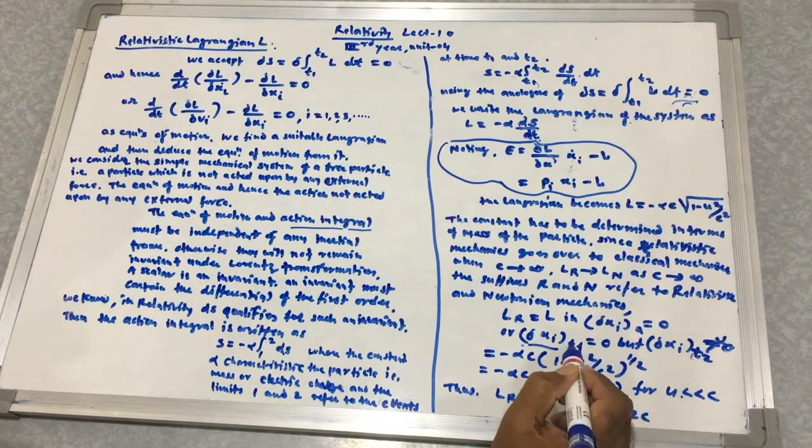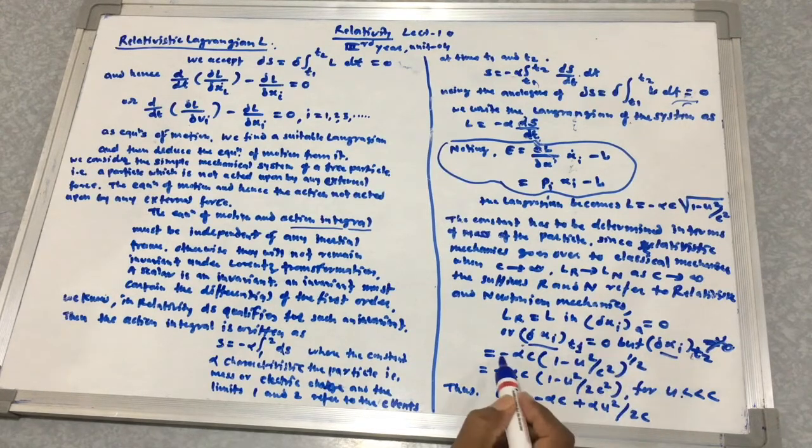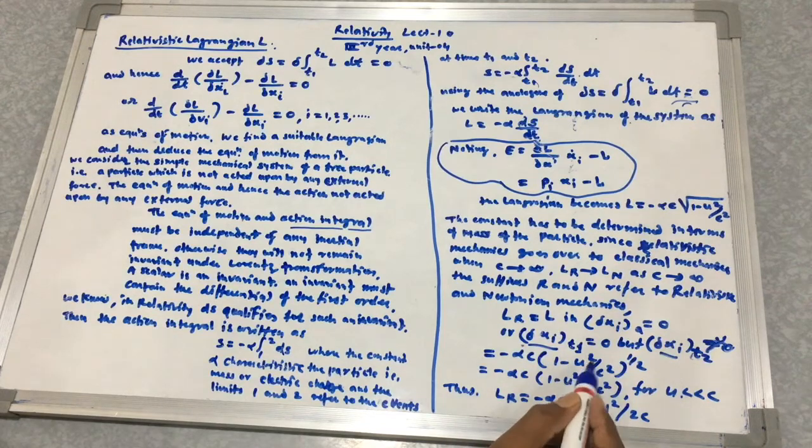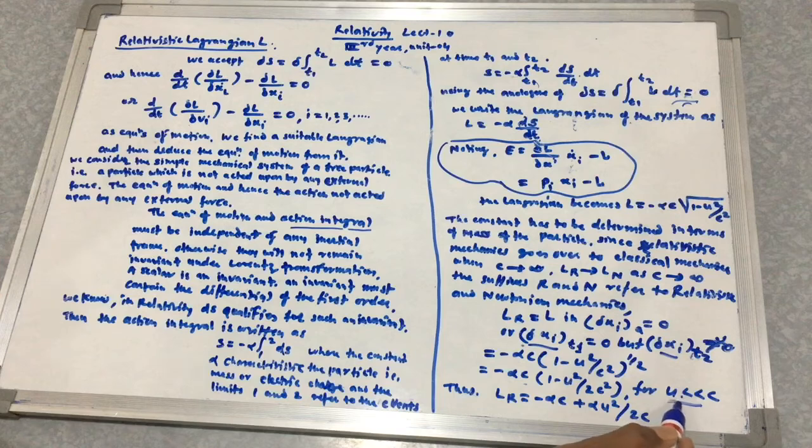So Lr is equal to minus alpha c into (1 minus u square upon c square) raised to half, equal to minus alpha c into (1 minus u square upon 2c square), for u much less than c.